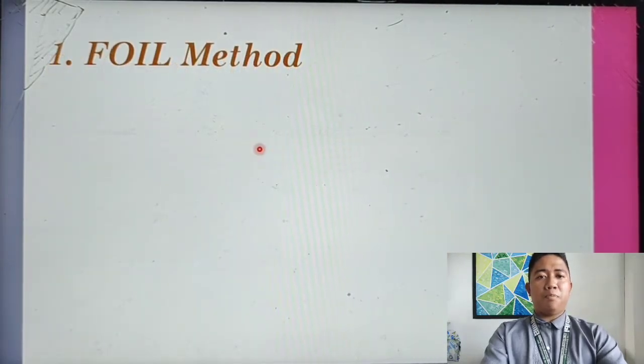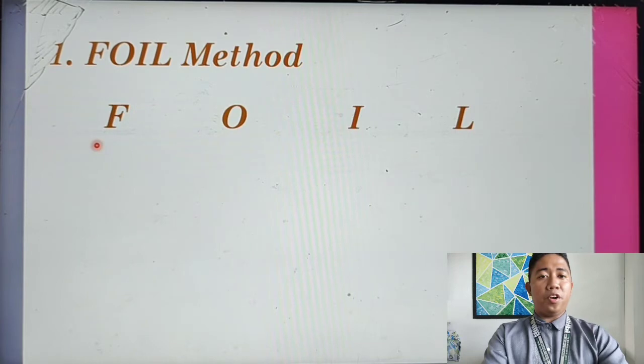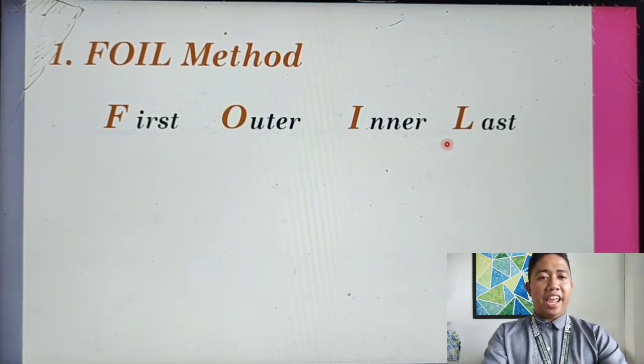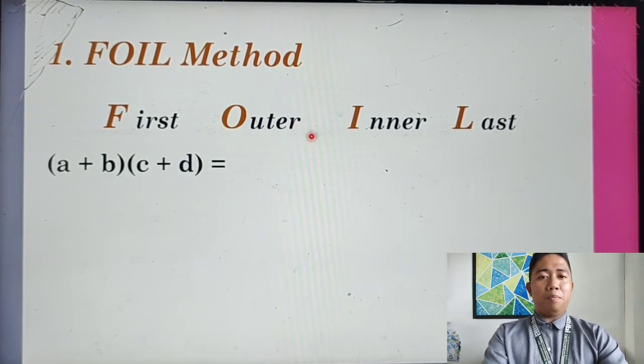The first special product rule is the FOIL method. The acronym FOIL stands for the first, the outer, the inner, and the last. The FOIL method is applicable to the product of two binomials.